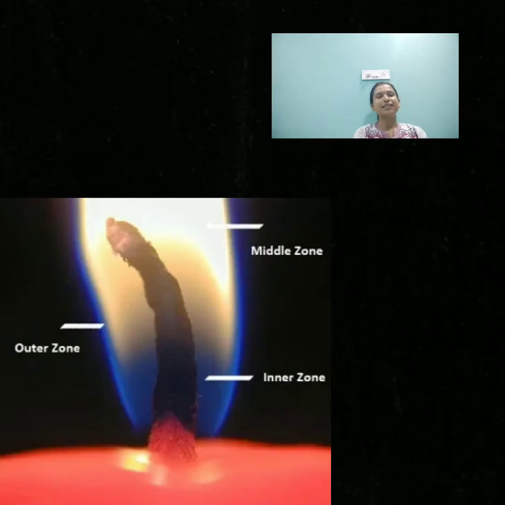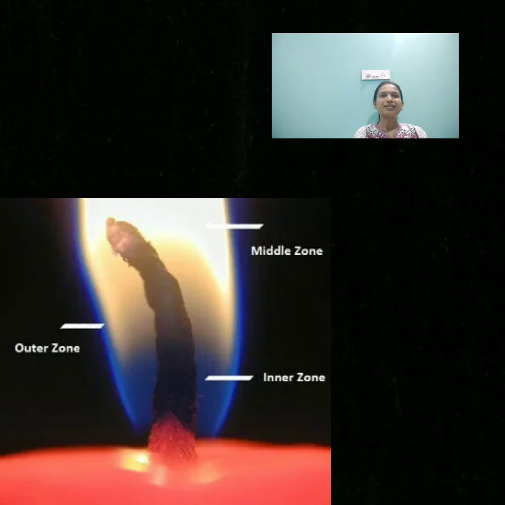Now students, we will discuss the innermost zone of unburnt wax vapor. This is the least hot part of the candle flame. It appears black due to the presence of unburnt wax vapor. The middle zone is the zone of partial combustion. This is the second part. This is the major part of the flame with moderate temperature.